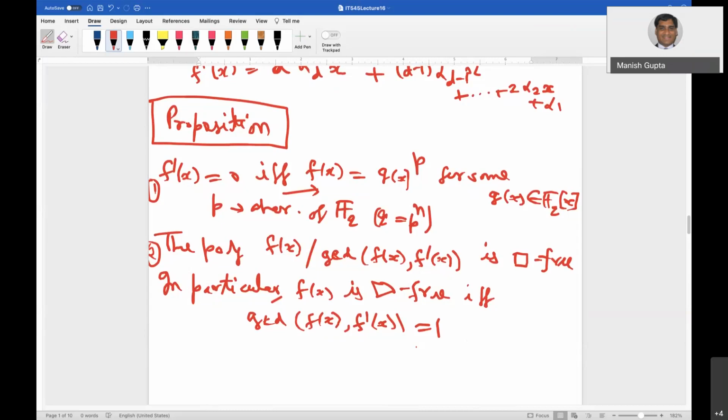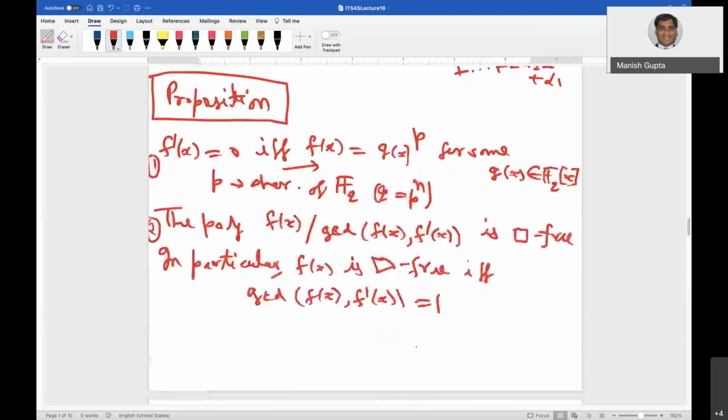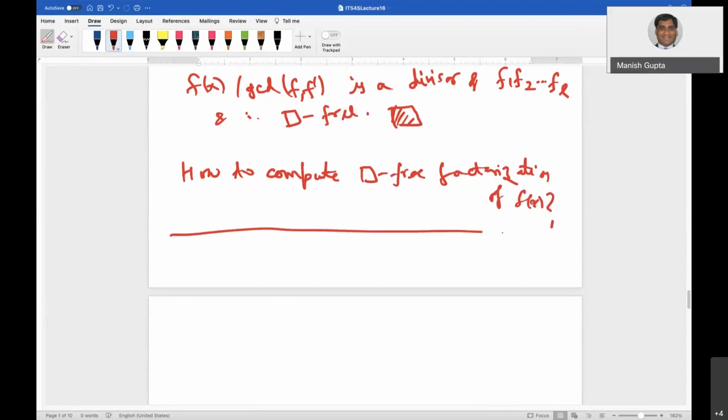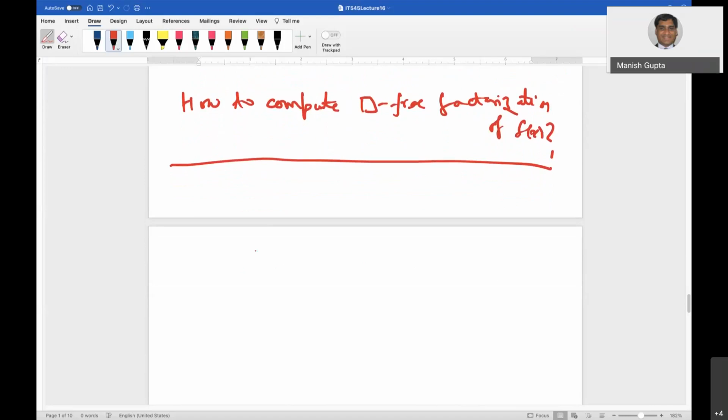So let me describe the method. How to compute the square free factorization of f(x). f(x) is given to us, just compute the derivative f'(x).